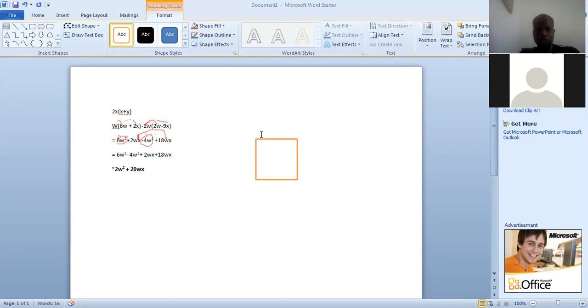This side it's 3. It's 3 multiplied by x plus 3. That's how the side is like. And then this other side is 3y plus 8.